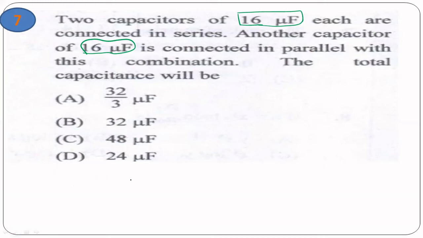The question is about capacitors connected in series, with their combination connected in parallel to another capacitance. The question asked is, what is the equivalent capacitance? Remember that all of them are 16 microfarad each.